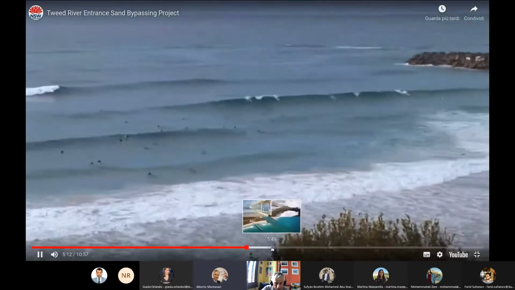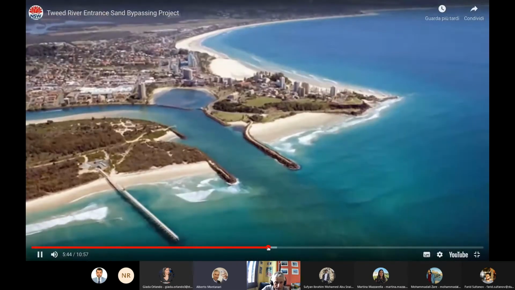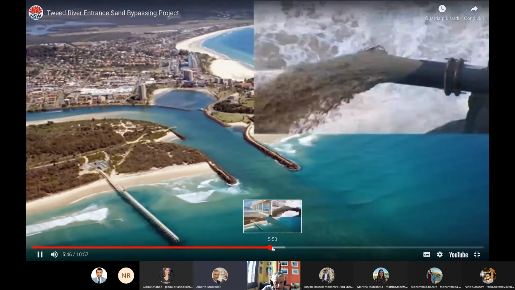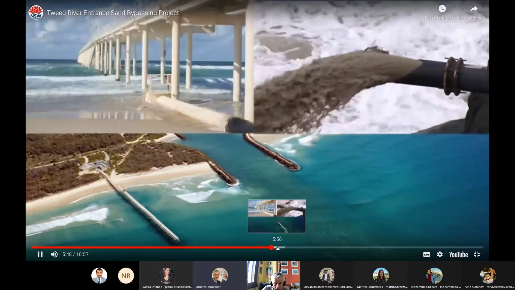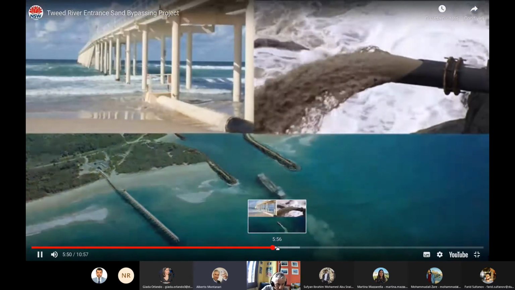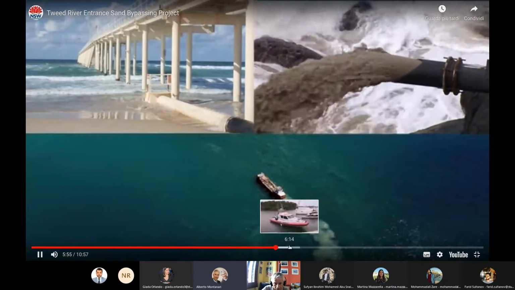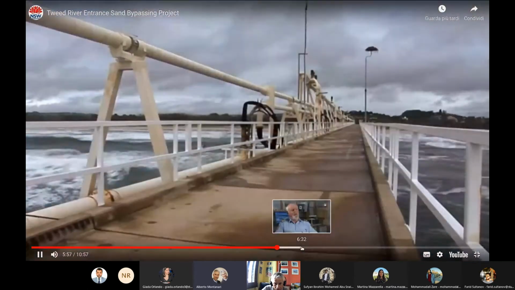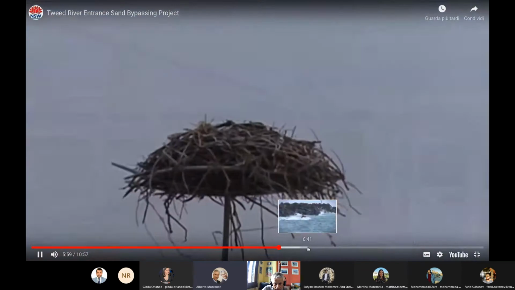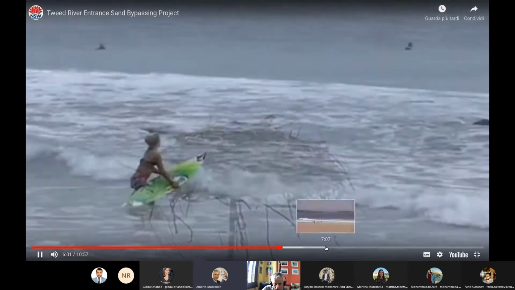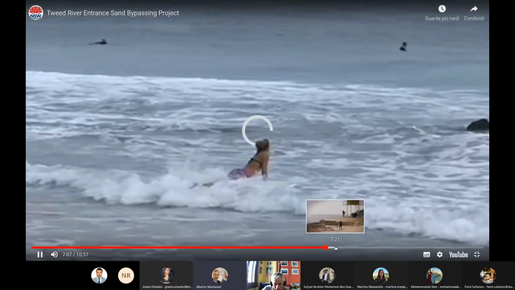And I think there must be a sketch of the paths followed by the pipe. Let me see. I'm looking for a sketch of the displacement of the pipe.